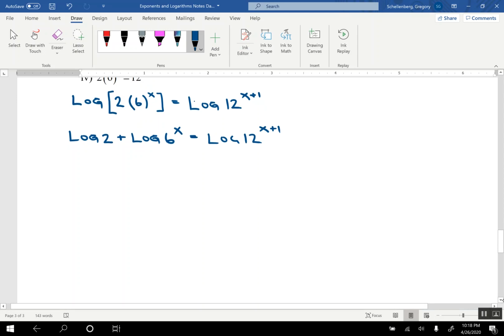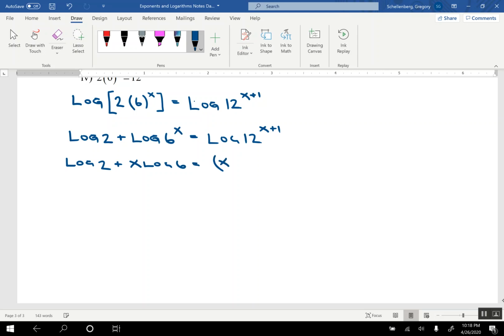Okay, next step though, we can use power law. So take each of the exponents and move them out in front of the logarithms as coefficients. So we've got the log of 2 plus x times the log of 6 is equal to, and our exponent is two terms, so again contain those two terms in brackets, so we know that they are both being multiplied by the log of 12.